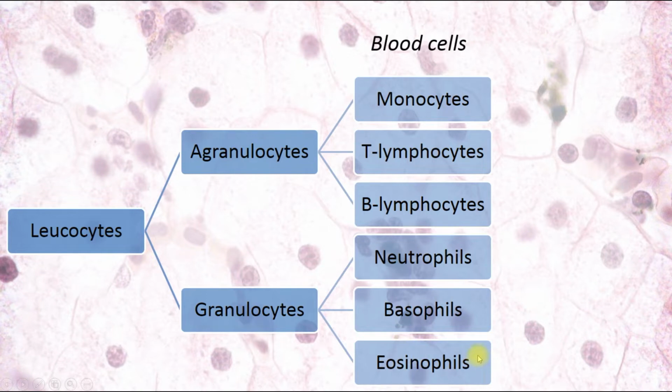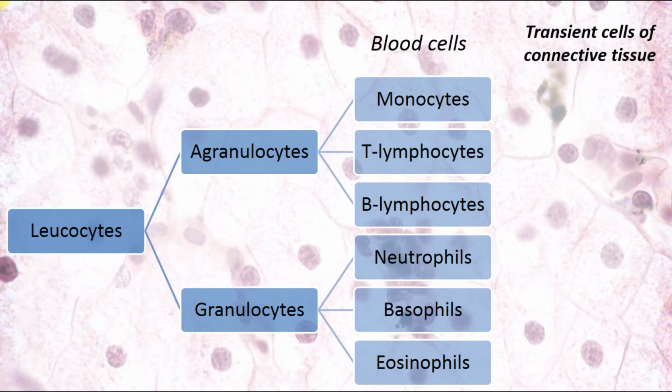And those cells, they live in bloodstream during some hours, sometimes some days. And after that, they migrate into the tissues, mainly in connective tissue, but also in other tissues, and there they provide their functions. And in the connective tissue, those cells are known as transient cells of connective tissue.